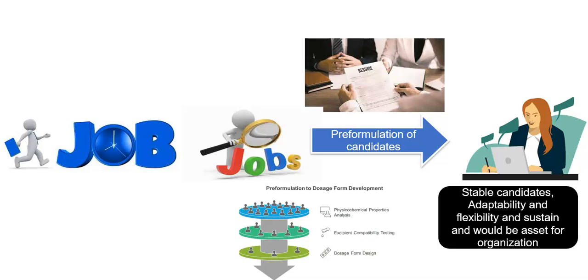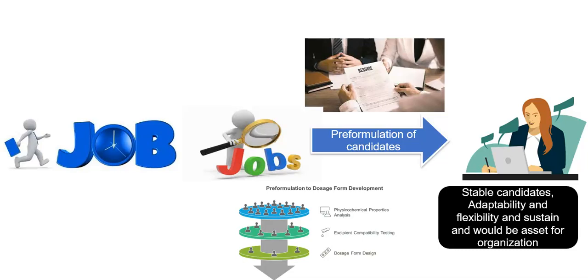Just take the example of whenever you are applying for any job. Recruiters always check your identity, check all your profiles, whether you are suitable for that particular job post or not. Why? Because if the companies or recruiters do not check all your profiles, then probably you will not be a stable candidate for that industry.